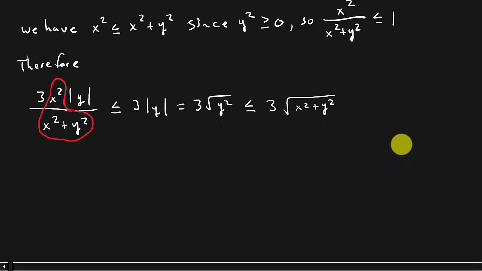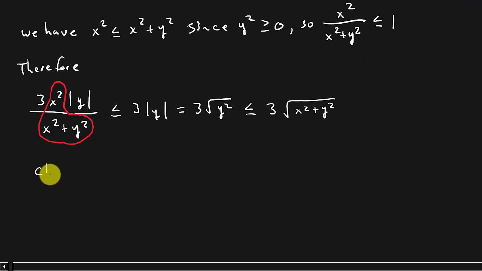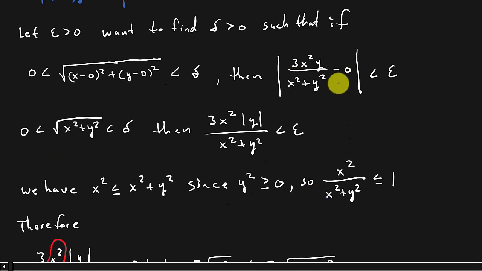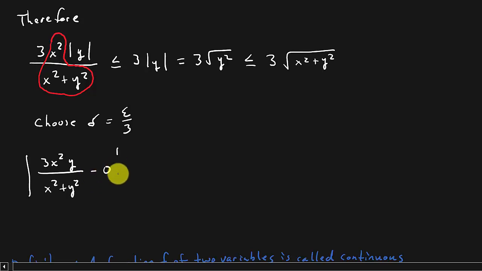All right, so now let's choose our delta. So let's choose delta to equal epsilon over 3. And let's see what happens. Let's write this down again. So that's going to be the absolute value of 3x squared y over x squared plus y squared minus 0.